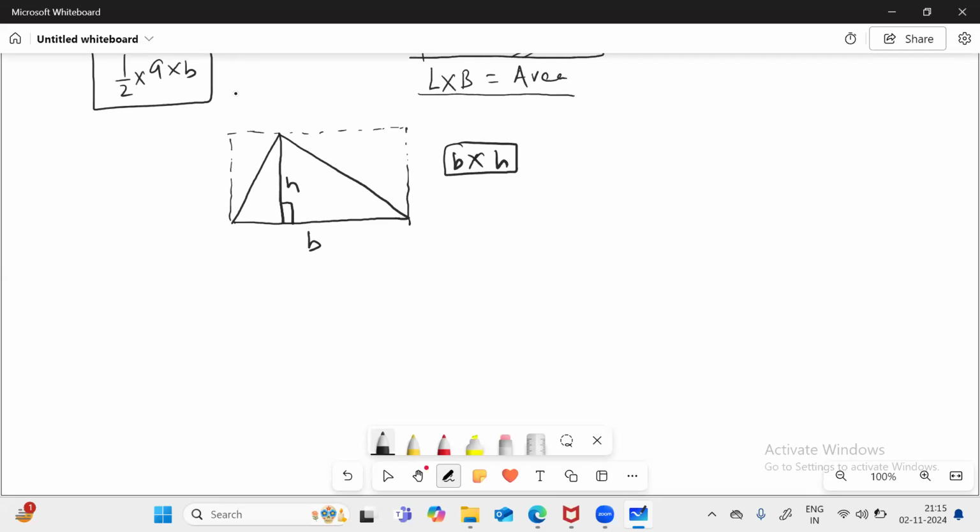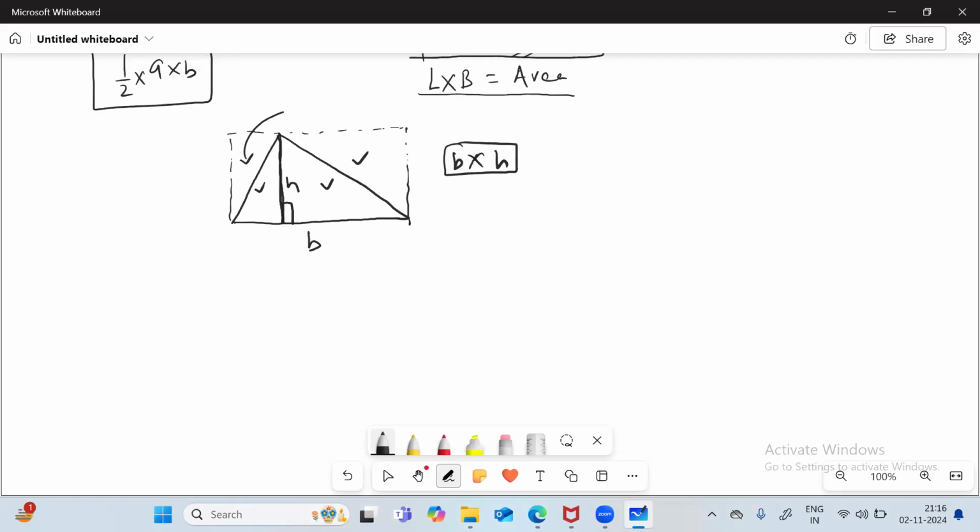Is anyone able to see this result? How is this particular triangle half of the rectangle? I have just drawn how it will be half of this rectangle. This height divides the triangle into two parts. This part is equal to this and this part is equal to this.